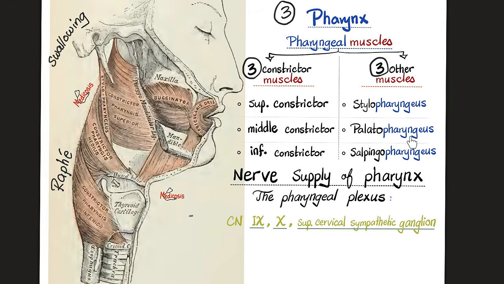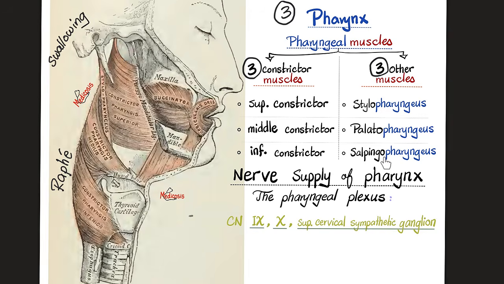Next, palatopharyngeus muscle starts from the palatine aponeurosis of the soft palate and inserts into the lamina of the thyroid cartilage. It is innervated by the pharyngeal plexus of nerves, and its action is very similar to stylopharyngeus muscle. Salpingopharyngeus muscle arises from the Eustachian tube at its lower surface, near its pharyngeal opening, because remember that the Eustachian tube opens in the pharynx, in the nasopharynx to be specific.